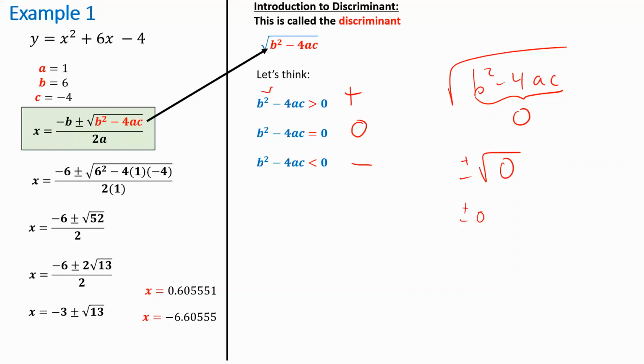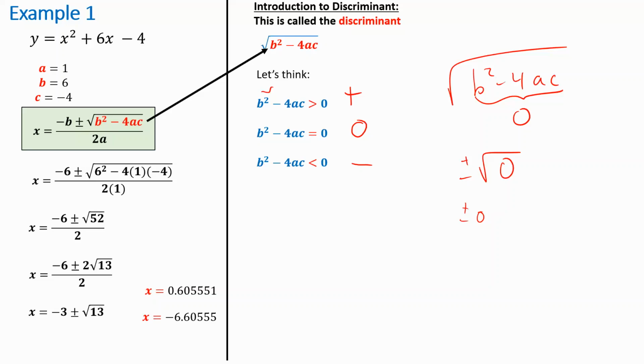That's why they say, when you have b squared minus 4ac equal to 0, and this result is a 0, then you end up with just minus b over 2a. It doesn't matter if you're adding or minus 0. You only get one answer. Whereas this one, you get two answers. You get -3 plus root 30, and you get -3 minus root 30. That's why you get two answers. But if I told you it's plus minus 0, you only get one answer, -3.